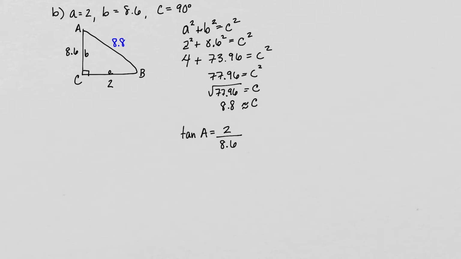Not multiply by 8.6. Those are both good ideas. The problem with those two ideas is the following: if you multiply both sides by tangent, you're just going to end up with tangent of tangent. If you multiply by 8.6, we're going to isolate the 2. We're not going to isolate the A.